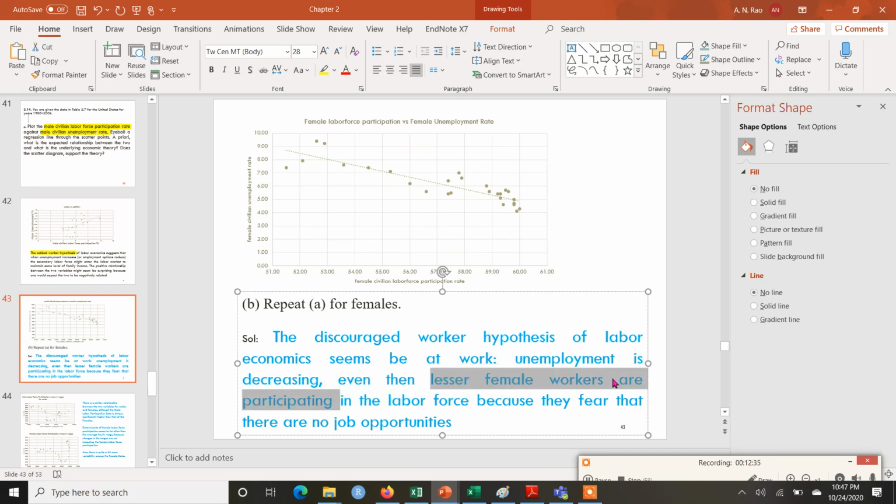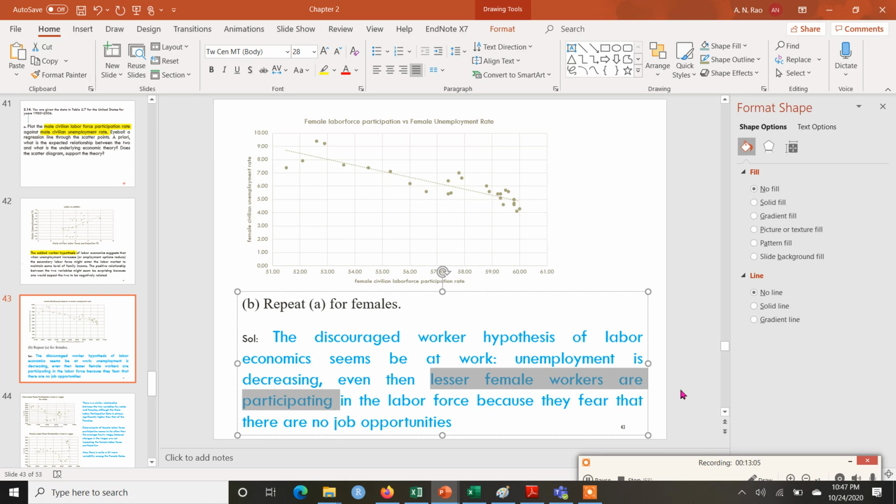Pardon me if I am a little bit inaccurate in this description.